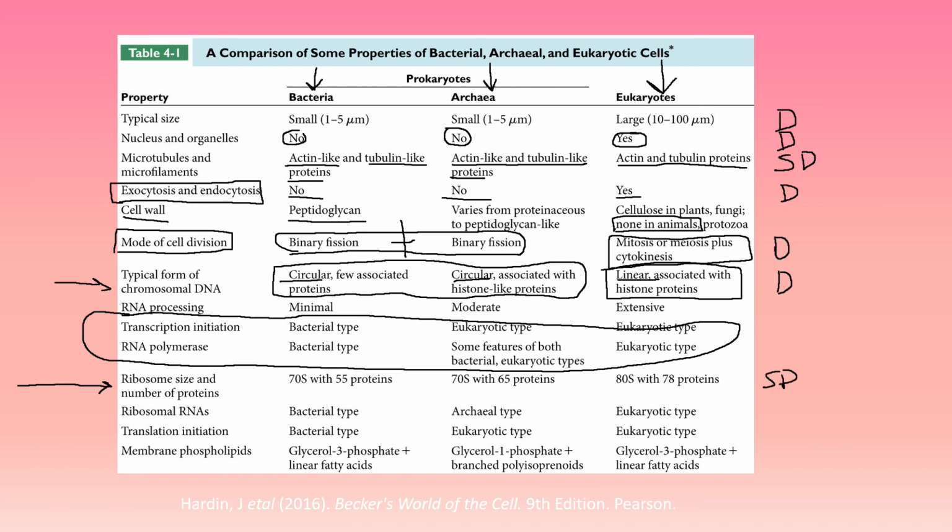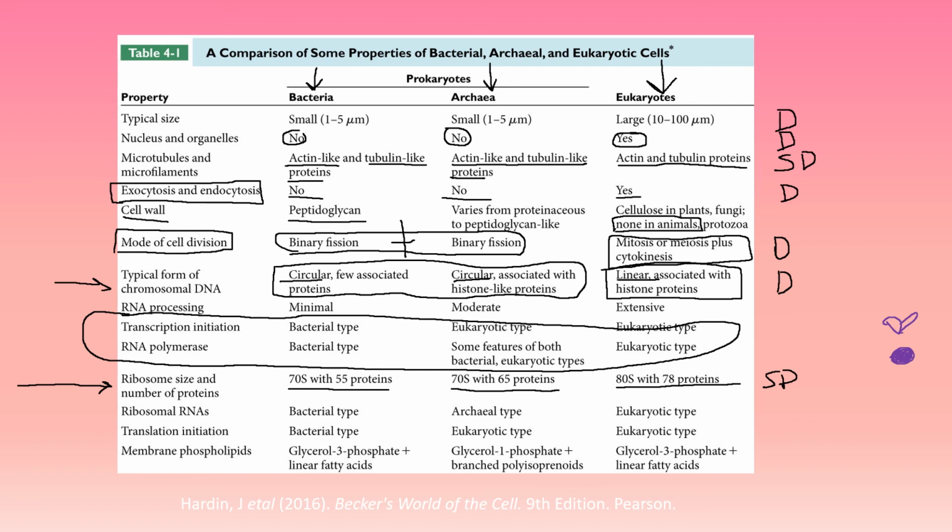Explain it. They do have them, but you can see this is 70S with 55 proteins, this is 70S with 65 proteins, and this is 80S with 78 proteins. And all that means is that they're bigger in eukaryotes. The actual ribosome, which I drew like that, whereas that might be this size. I mean, that's not a realistic size. They're like a V shape, really, I think. But I'm simplifying everything in this video.